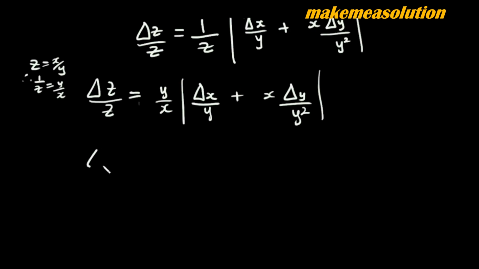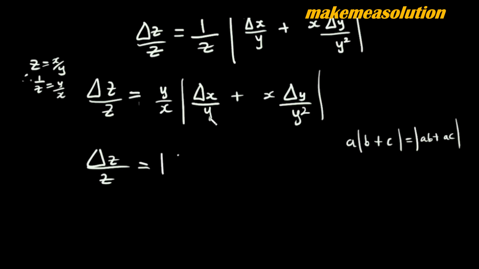So we have delta z over z is equal to, if you open these brackets, this is what you're going to have. These constants can be distributed, like the formula in absolute value that a times b plus c is still the same thing as the absolute value of ab plus ac, where a is a constant outside. So when we open this expression, y will cancel out y.